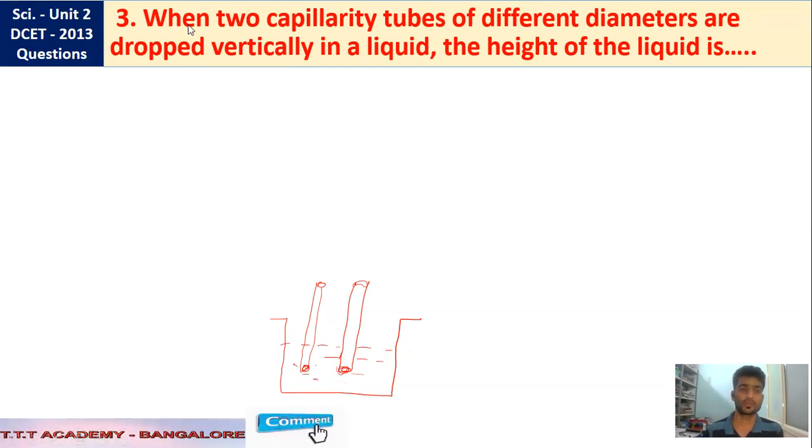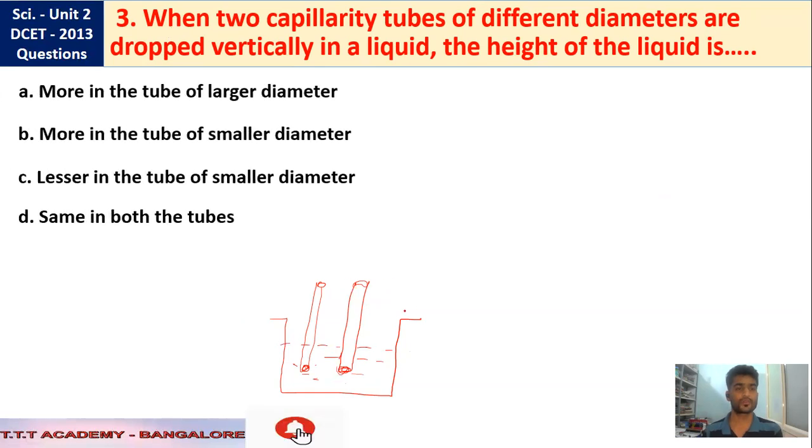Again, I'm going to read the same question. When two capillary tubes of different diameters are dipped or dropped vertically in a liquid, then the height of the liquid is, and we have four options. First, more in the tube of larger diameter; or more in the tube of smaller diameter; or less in the tube of smaller diameter.